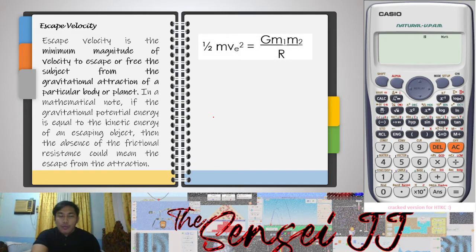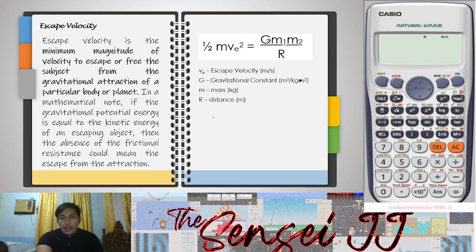So we have here a formula of 1/2 m VE squared, which is equivalent to G M1 M2 all over R. So we have the escape velocity in meters per second, the gravitational constant, and mass in kilograms and distance in meters.